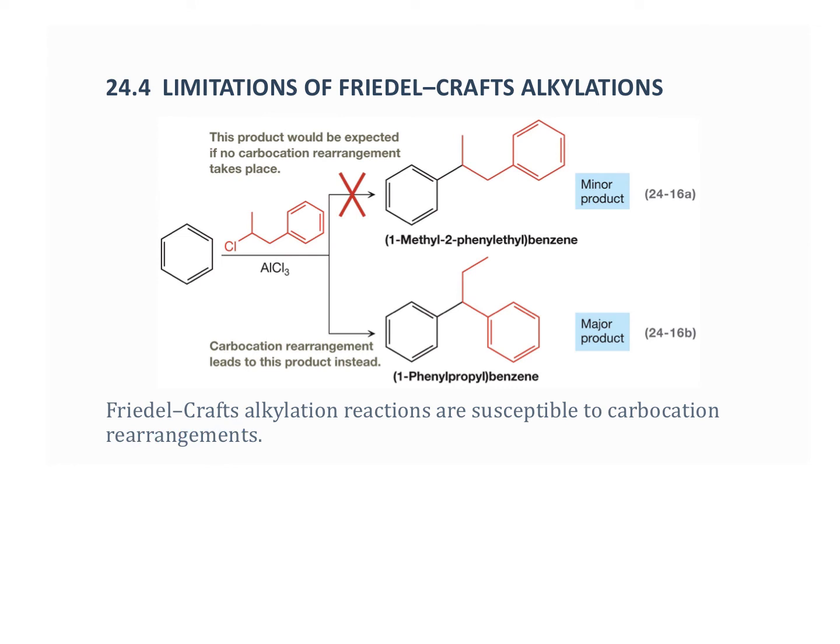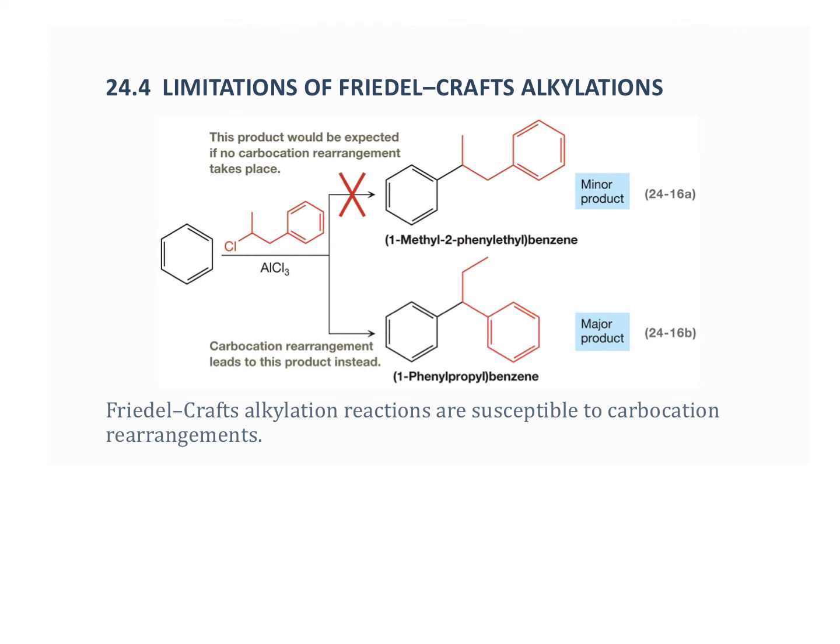So in Friedel-Crafts alkylations, anytime we form a carbocation, we've got to watch for carbocation rearrangements. So these are susceptible to carbocation rearrangements, which is a great thing if you are trying to make this. It is not a good thing if you're trying to make this. So not all carbocation rearrangements are bad per se. It just depends on what you're trying to make.